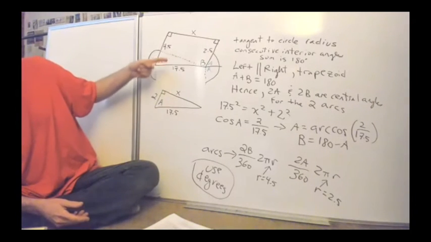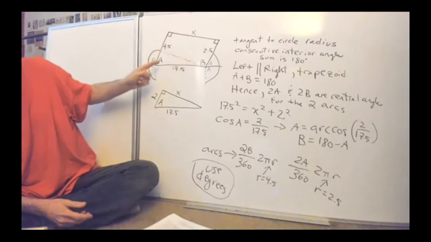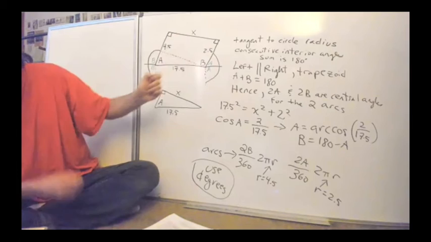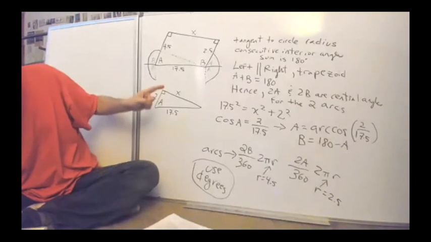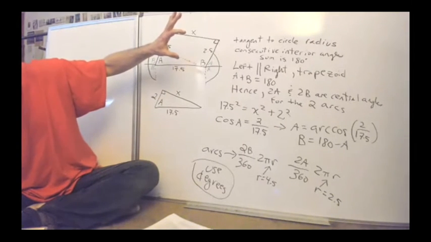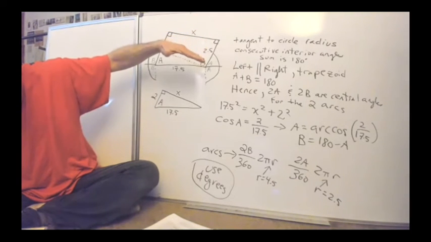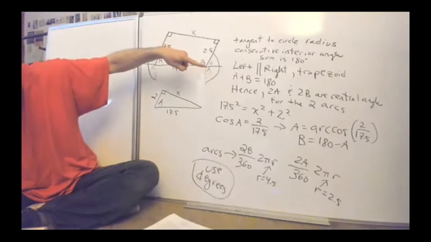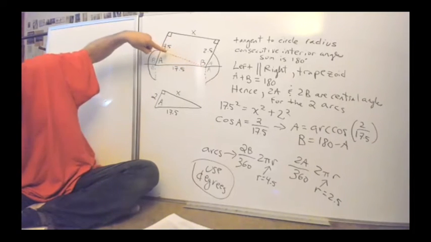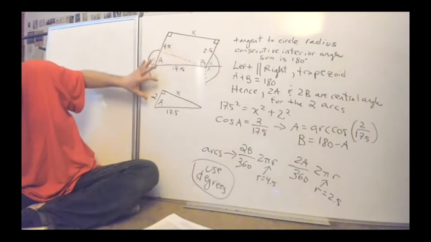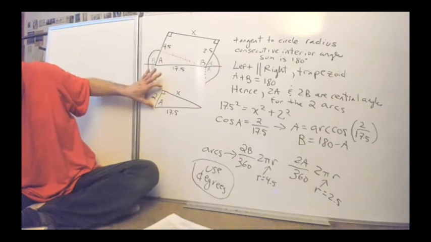Okay, so now what do we do? Well, we have to find X, and then find one of the angles, and then we can find the other by just subtracting from 180. Since this is a trapezoid, we can drop a line parallel to the top right here. That makes a right triangle, which I drew over here.